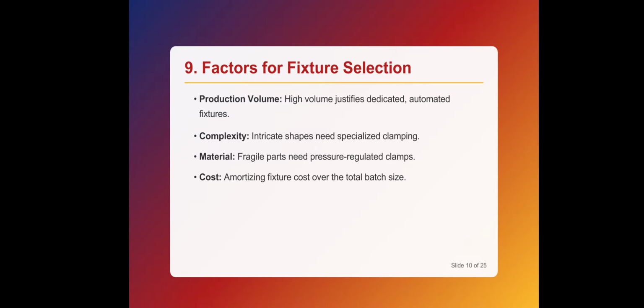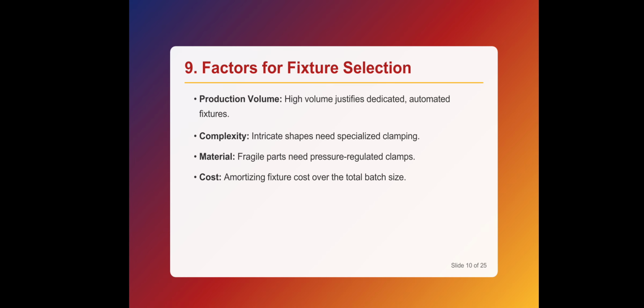The factors for fixture selection are production volume, complexity, material, and cost. Here, high production volume justifies dedicated automated fixtures. It's a simple example.